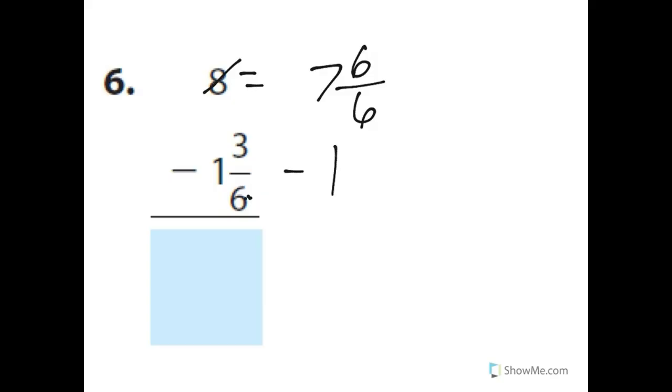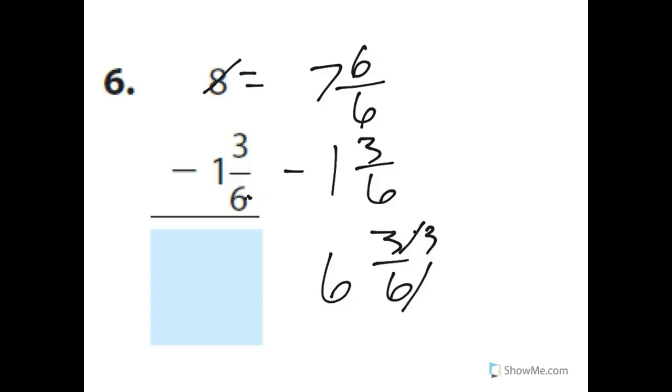So 7 minus 1 and 3/6. We've got 6 and 3/6, or 6 and 1/2. And again, if you put 6 and 3/6, it's not technically wrong, but I still want you to practice simplest form.